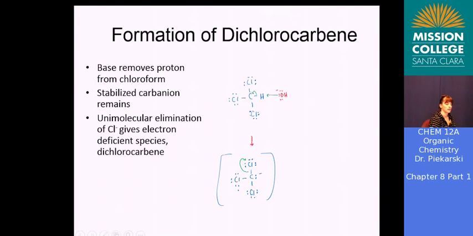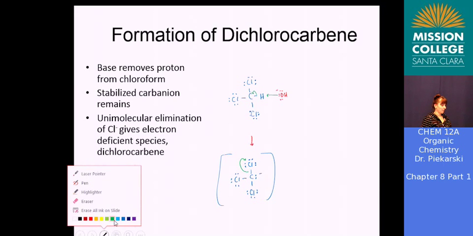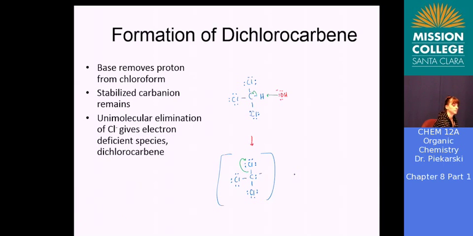Those 2 electrons go onto the chlorine, and we get a chloride that now has that -1 formal charge, and we are left with carbon with 2 chlorines and a lone pair. Okay? That's how you would make it in situ. You need chloroform and KOH. Those are the reagents that you would see to make a carbene, and a dichlorocarbene more specifically.